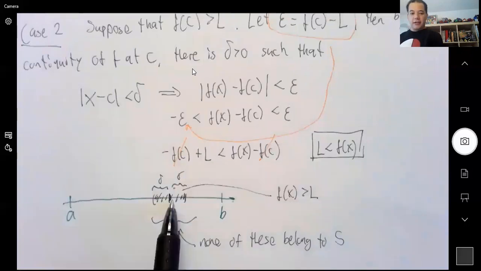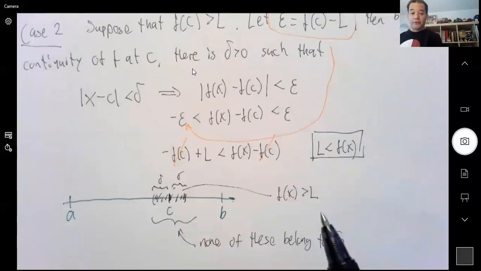C cannot be the supremum of S if you can find some smaller numbers that could work too.